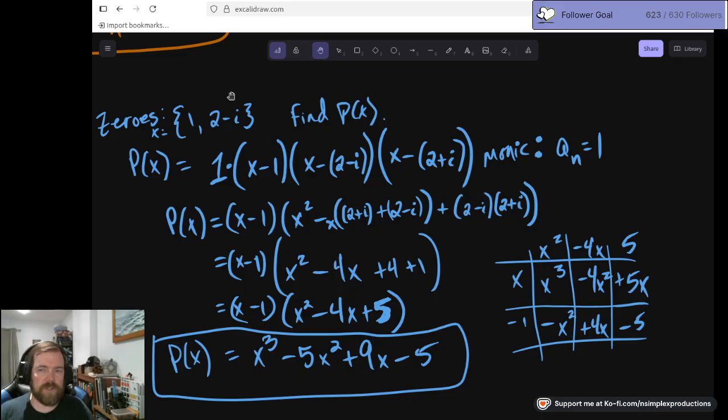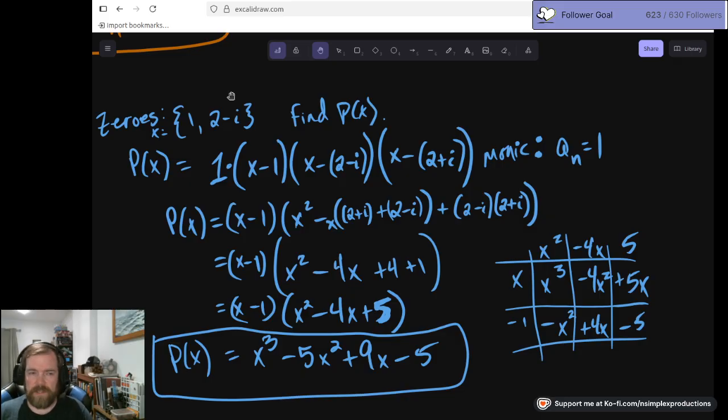However, logically consistent with making sure that we have real coefficients is the demand that since we have a complex non-real zero, we also have its conjugate. So the conjugate root theorem said that we needed to also have 2 plus i as one of its roots.